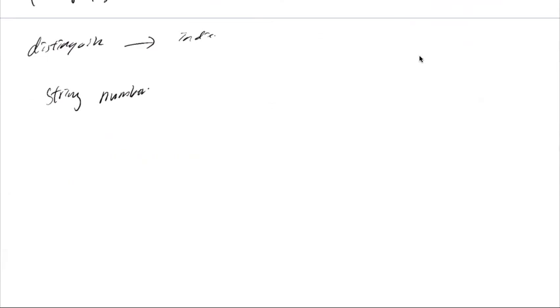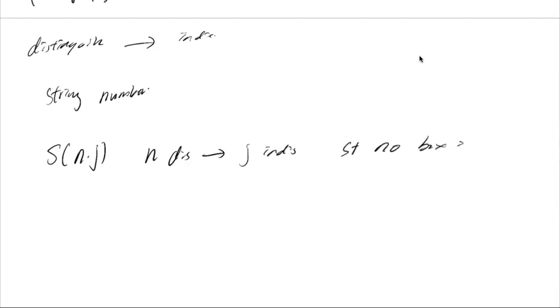The Stirling formula is basically just an easier way for us to order our counting. So the definition of S(n, k) means the number of ways to distribute n distinguishable balls into k indistinguishable boxes such that no box is empty.